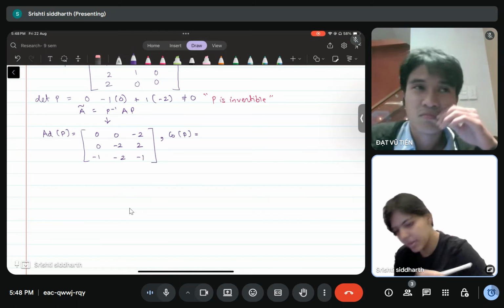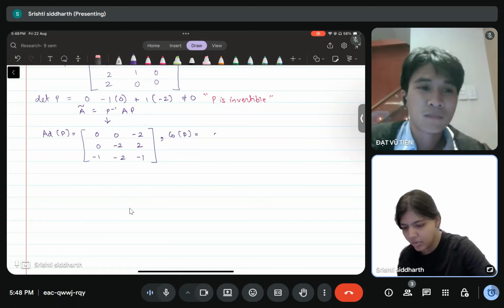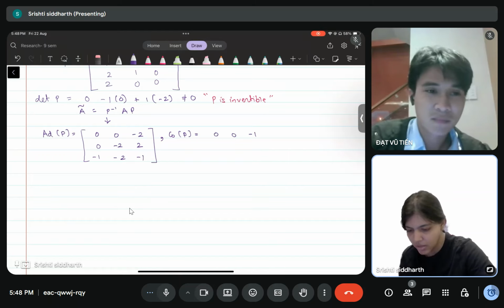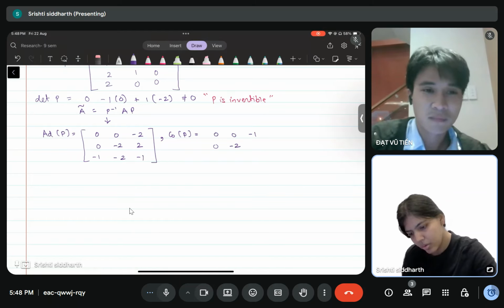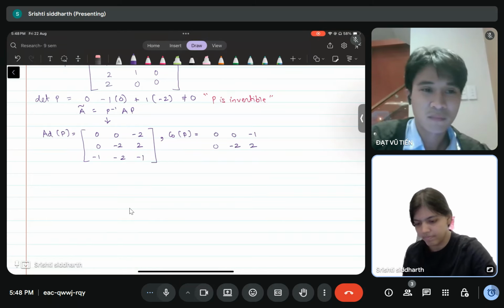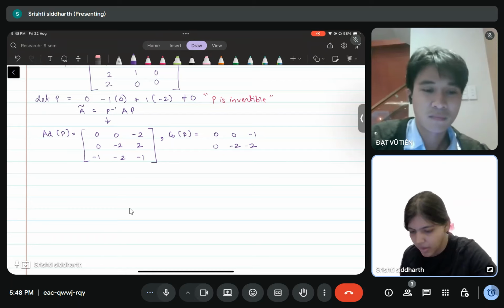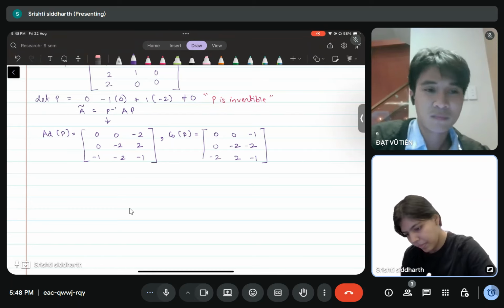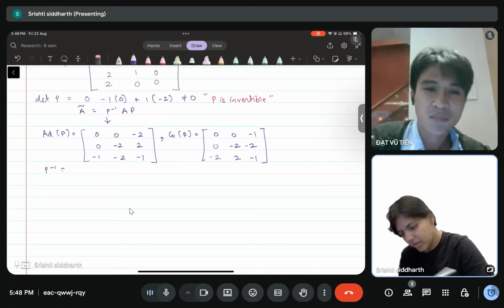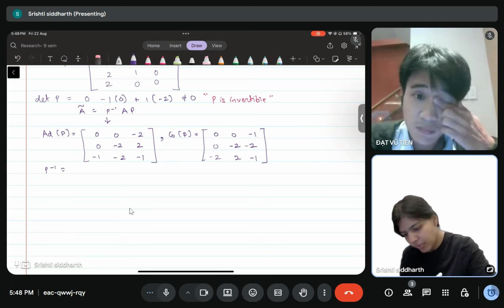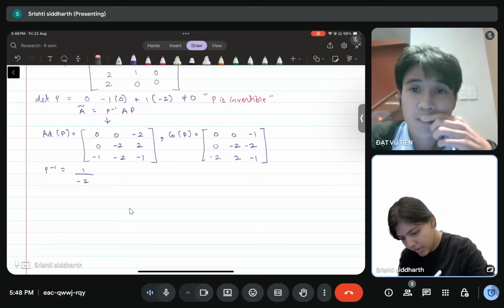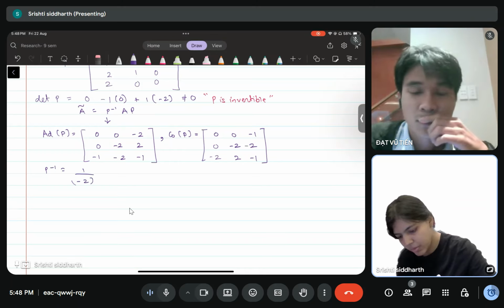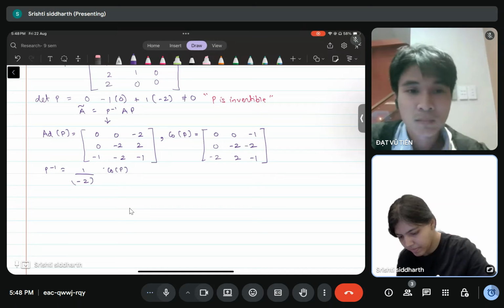And the cofactor matrix is simply 0, 0, minus 1, 0, minus 2, minus 2, 2, and minus 1. So P inverse is simply 1 upon the determinant, which is minus 2, times the transpose of the cofactor matrix.